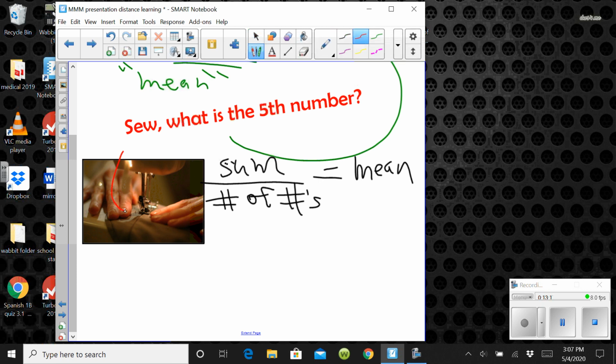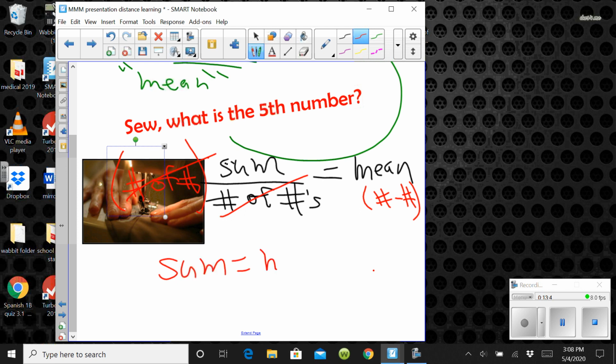I'm going to multiply the left side of the equation by the number of numbers. And I'm going to multiply the right side of the equation by the number of numbers. And on the left side, if I divide and I multiply, they cancel each other out, right? And on the left side of the equation, I've got the sum. And on the right side, I was taking the mean and multiplying it by the number of numbers.